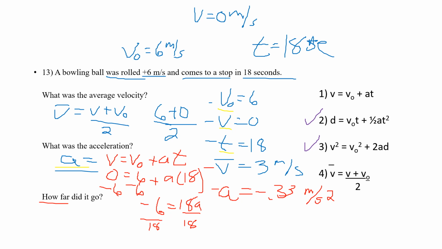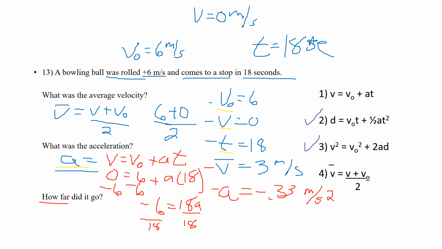And I trust that some of you are going to check me on this if you are particularly motivated. But regardless of the equation that you use, you should get the same answer. I'm going to use equation 2: 6 times 18, I'm just out of space and I don't know where to write it. 6 times 18 plus 1/2 times negative 0.33 times 18 squared.